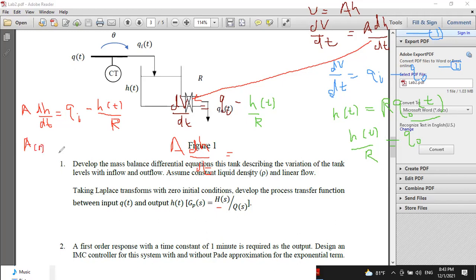As hs equals q I s minus hs over r, right?